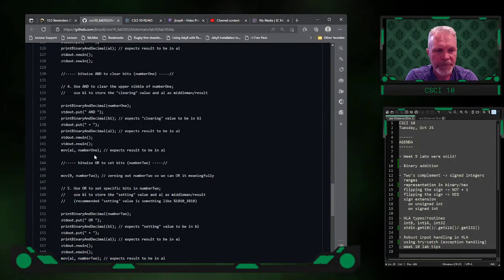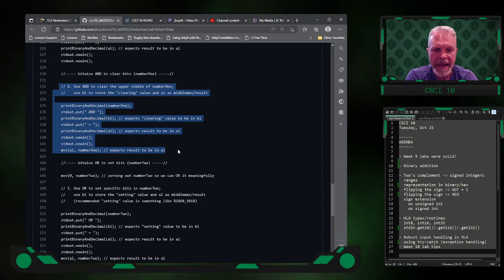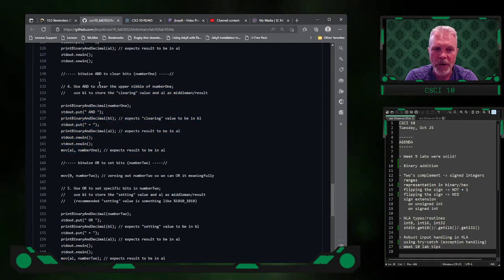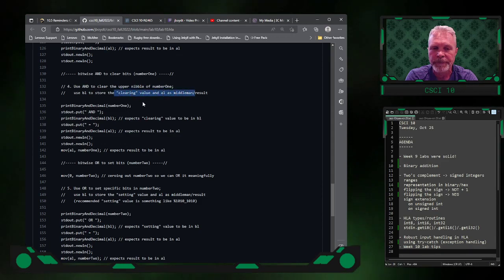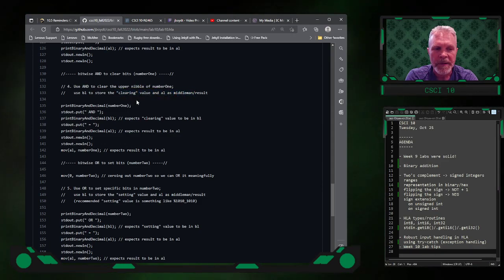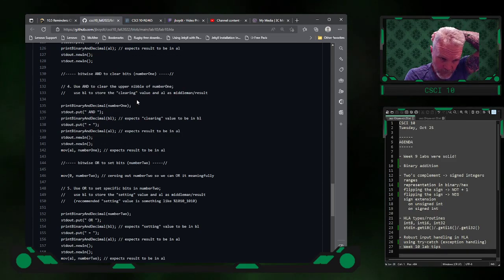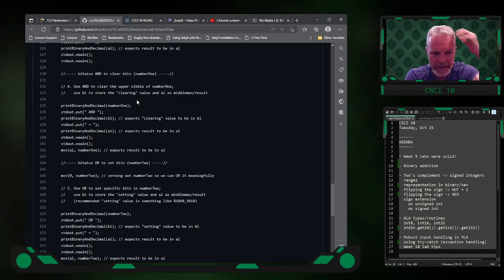And then we'll do some practicing on AND. So using AND with a proper filtering value to clear a nibble. And I'm going to leave those as the challenge component because I want you to be thoughtful about this.